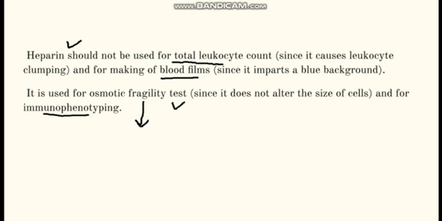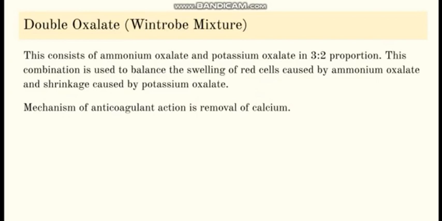Next, the antagonist of heparin is protamine sulfate. There is a question in GPAT: which is the antagonist of heparin, and the right answer is protamine sulfate. This question has been asked in GPAT many times.